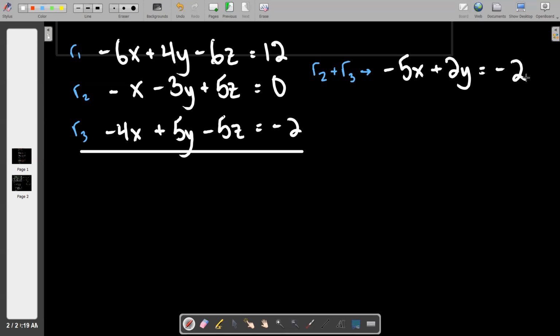I like 1 and 2 infinitely more because one of them is a negative and one of them is a positive. So if I'm targeting the z's, I'm attracted to these, not because they're cancelable right now, but because I won't have to manipulate signs, which is nice. So what can I turn those both into? What can I turn 6s and 5s both into?